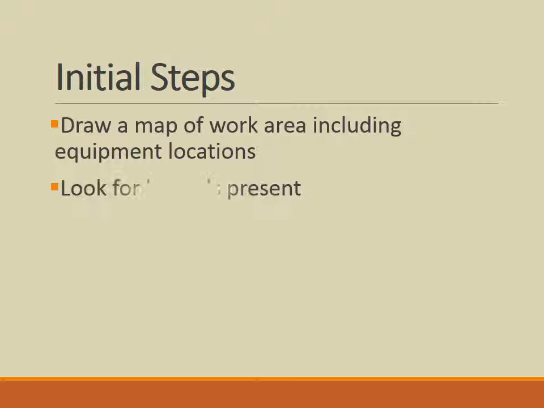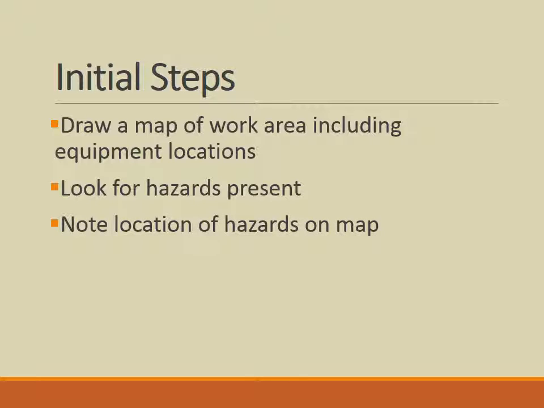Initial steps included drawing a map of my work area. It also included documenting landmarks or equipment or tanks or whatever to give you a reference point. Next step was to look for hazards that were present in the work area. Once those hazards were identified, you had to know the location of the hazards on this hand-drawn map.